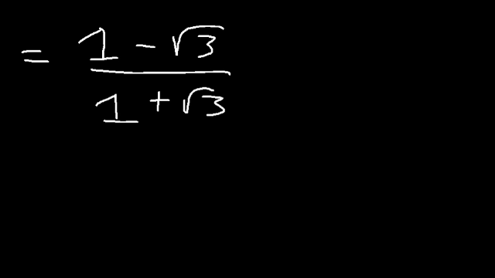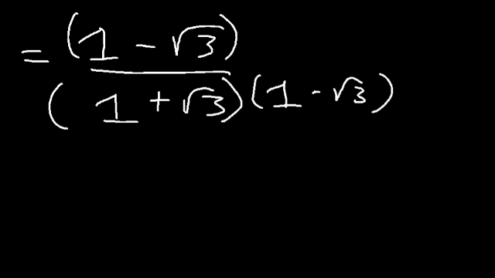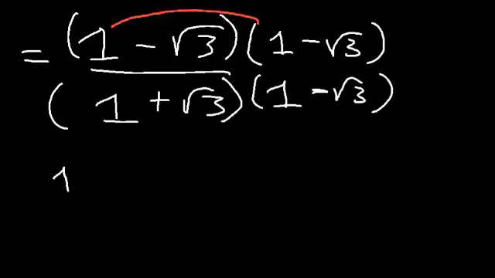All we need to do at this point is multiply the top and bottom by the conjugate of the denominator, which is 1 minus root 3. So if you see a plus sign, change it to a minus sign if you want to use the conjugate. Whatever you do to the bottom, you must also do to the top. So let's FOIL the two factors on top. 1 times 1 is 1. 1 times negative root 3, that's minus root 3.